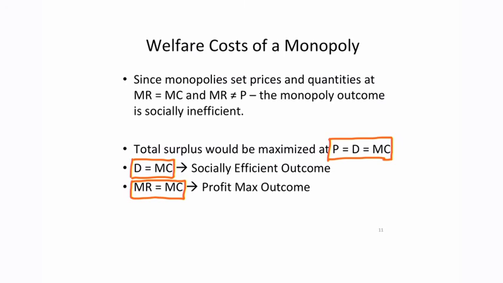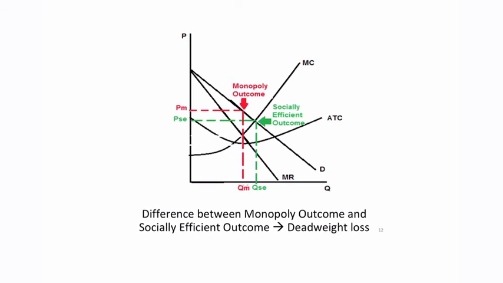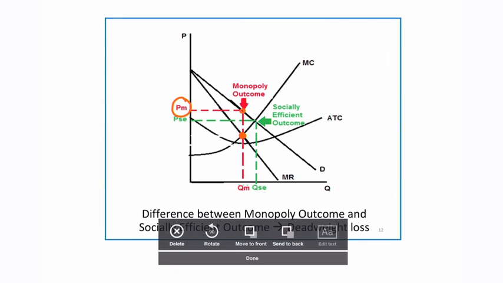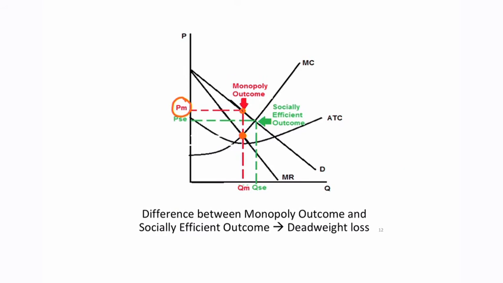So because of the difference between these points, the monopoly outcome is going to yield some costs to society. In other words, as you can observe here, the price set by the monopoly will be PM. And they will produce where, once again, marginal revenue is equal to marginal cost and set the price according to the demand curve. Now, the socially efficient point is where the demand curve meets the marginal cost line, which will be right here.